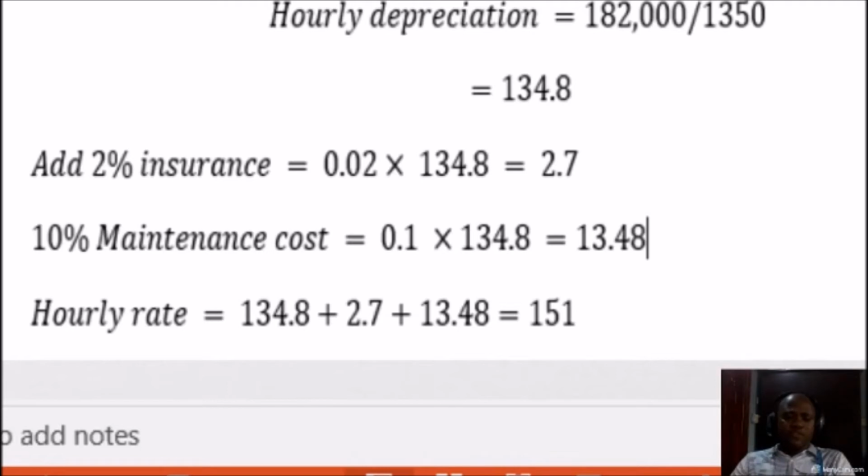Remember, we still have to divide by 100 and multiply by 134.8 as our hourly depreciation, which gives us 13.48. Then our hourly rate will now be a sum of this hourly depreciation plus the 2% insurance plus the 10% maintenance cost, which will give us a total of 151 naira. So that is our hourly rate.